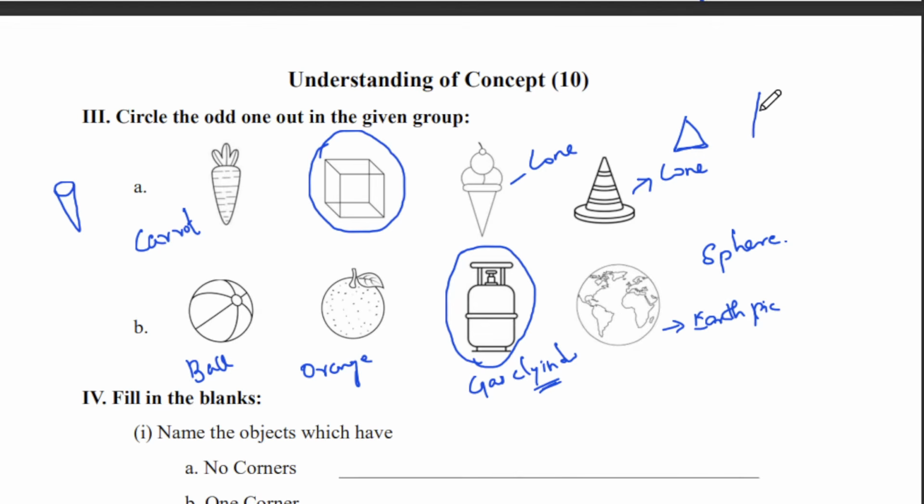A piece of cake will be in a triangle shape. So that time you have to circle the piece of cake if you get it in a group of sphere shapes in the middle. Okay. So understand and then do it.